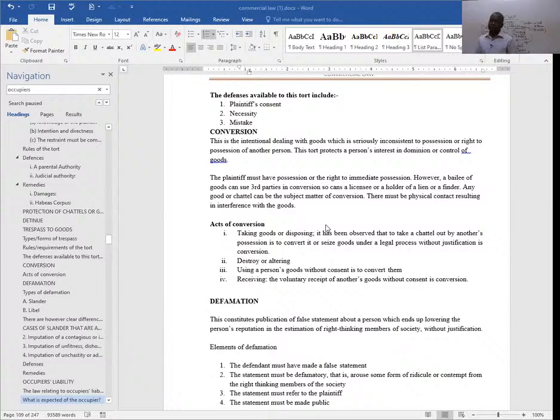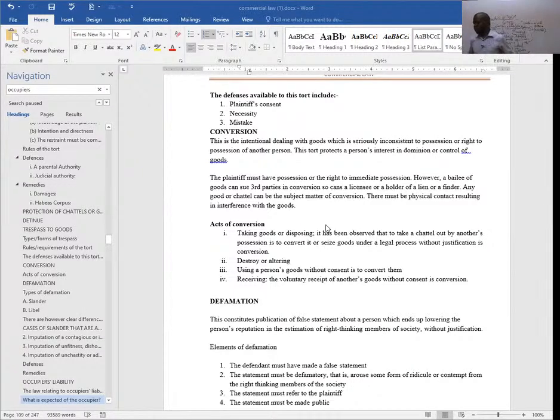So what are the elements or key characteristics? Number one, the defendant must have made a false statement. That should be very key. The statement should be false, not factual, because if it is factual, then that is not defamation. The statement I made about Anne should be false so that she can accuse me of defamation.